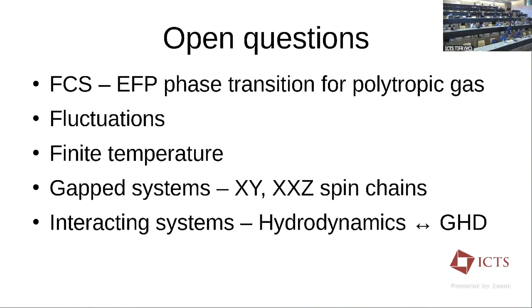Hello, does it work? Yes. Thank you very much for the nice talk. I'm a bit confused about the interaction. Do you manage to include interactions or not? For example, inverse power law interactions give rise to this power law equation of state. But in terms of the quantum model, the particles are still not interacting, or are they interacting? The particles are interacting.